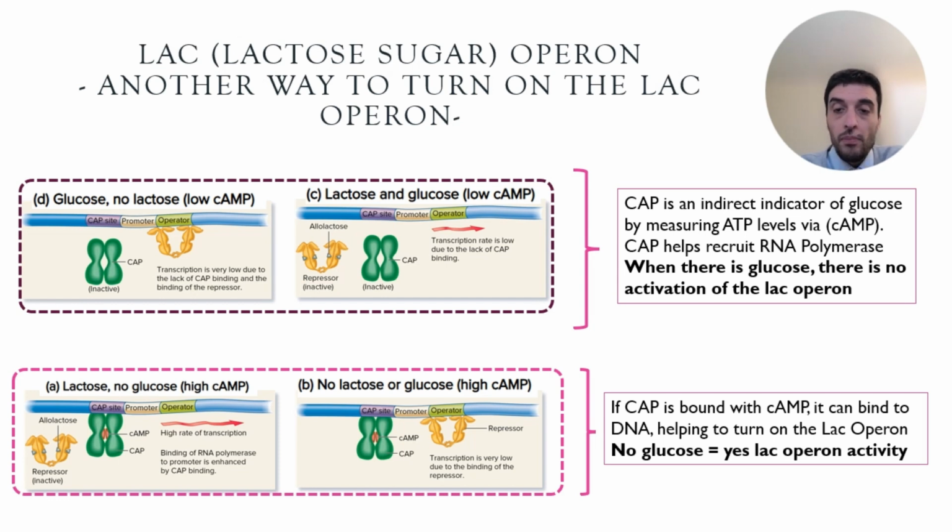So in other words, if there's glucose, regardless, the lac operon is still going to be in its repressed state. It's going to be inhibited. It's not going to produce anything to digest lactose. If there is no glucose, there's just lactose or nothing, then the operon is going to be active because it's going to be trying to get whatever it can as a source of sugar to have energy.